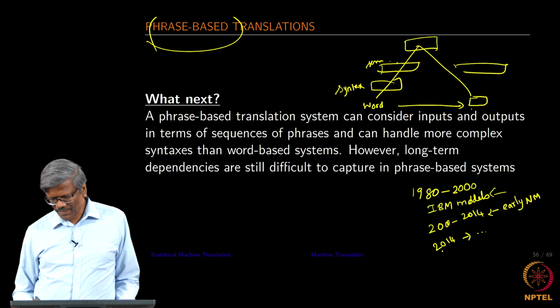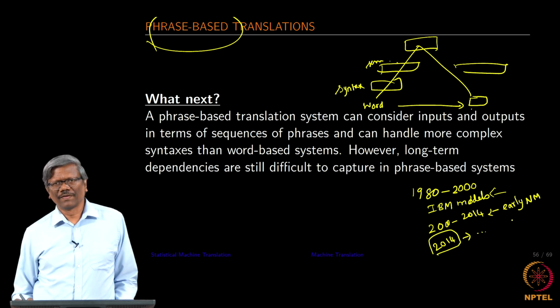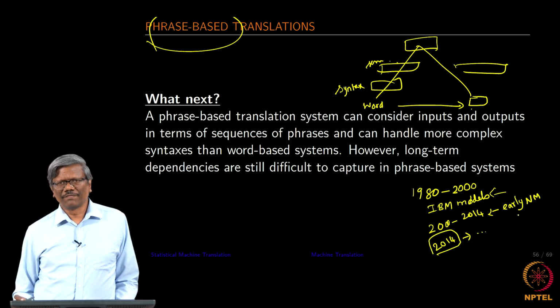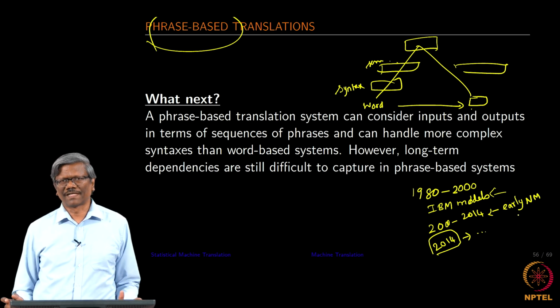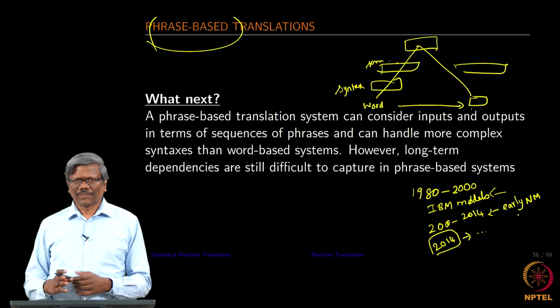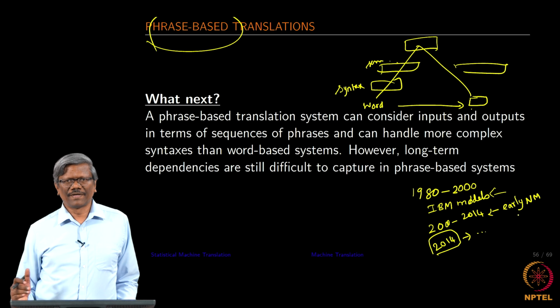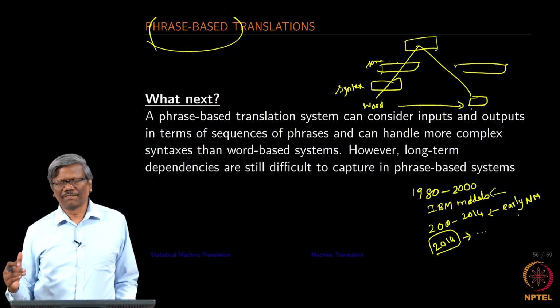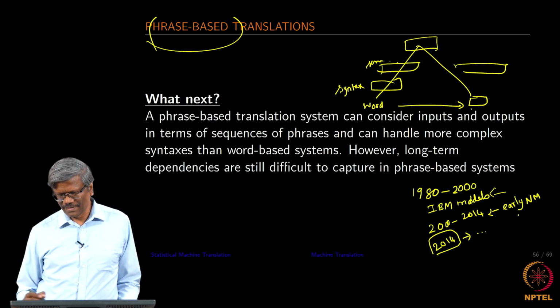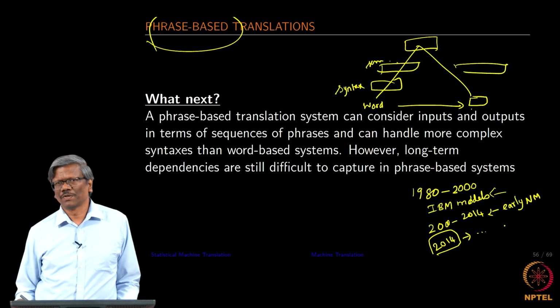And then from 2014 till today, we have really very good neural net models that do an excellent job in terms of translation. Still it is not perfect. Okay. So, we have very good models and we have good ideas, and I think in the next 10 years or so, we might be able to really have very good translation models available to us.